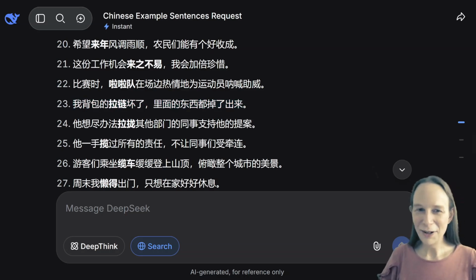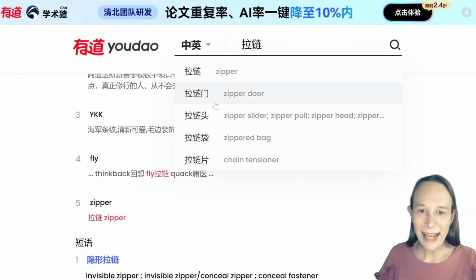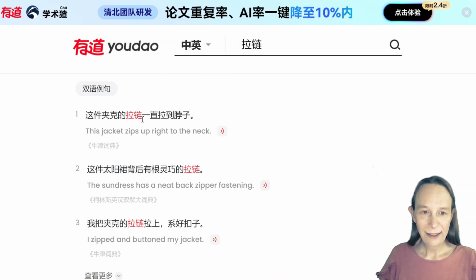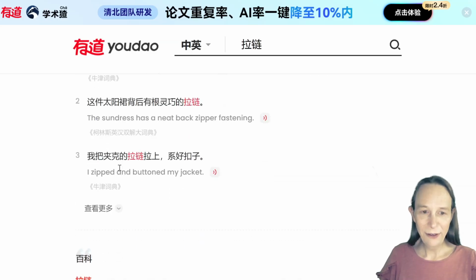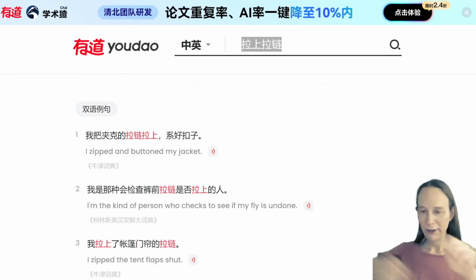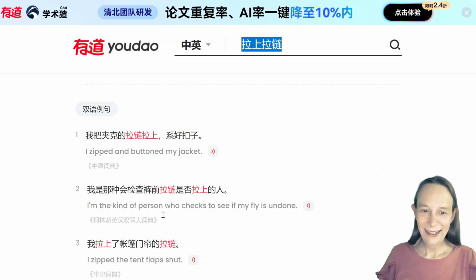You have to get a whole new bag because your zipper is problematic. 拉链, what's the verb? Is it 拉上拉链? So zoop, 拉上拉链. 拉上了拉链.